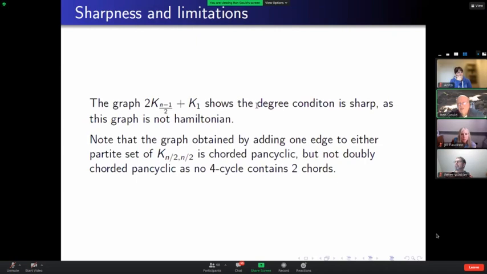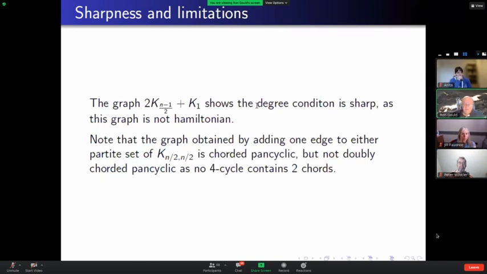The degree condition, as you might remember from Ore's theorem, is sharp if you just take two complete graphs that share a vertex. Then that graph's not Hamiltonian and just misses the degree condition. And if you also take the complete balanced bipartite graph and add one edge to either partite set, then that's going to be chorded pancyclic, but not doubly chorded pancyclic, as no 4 cycle contains 2 chords.